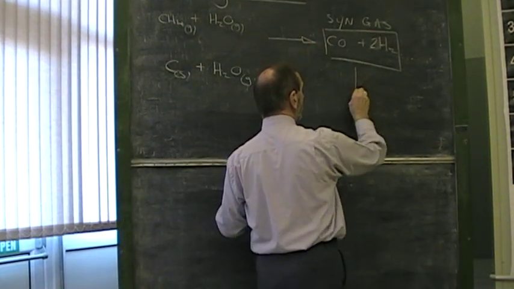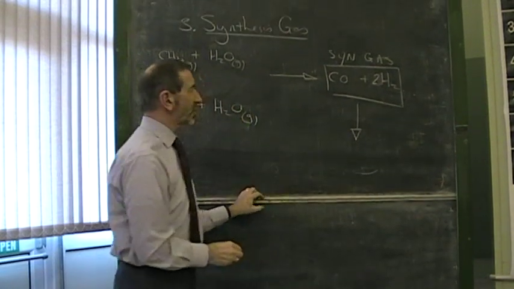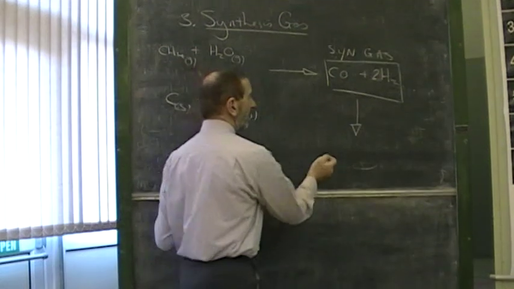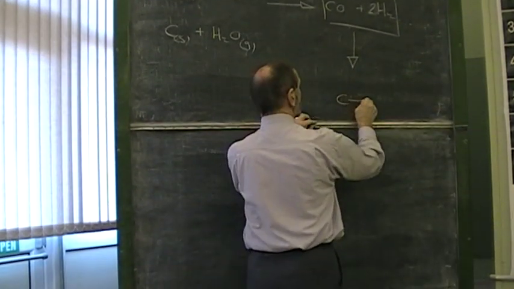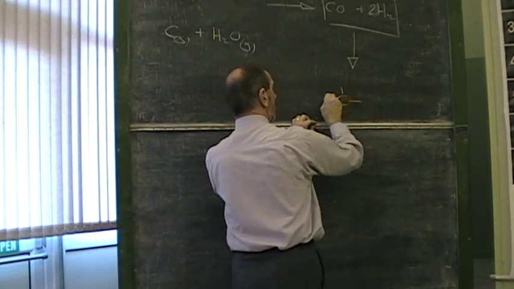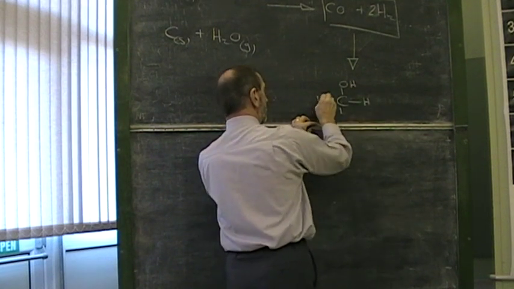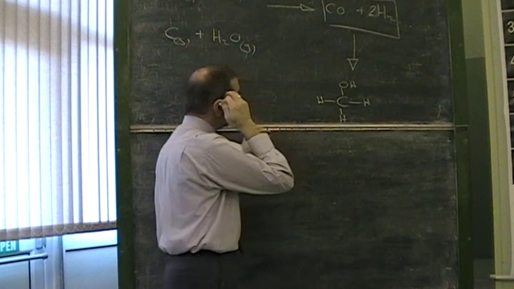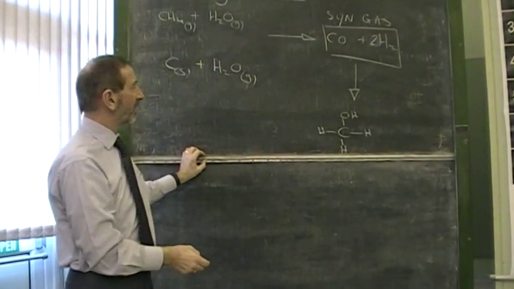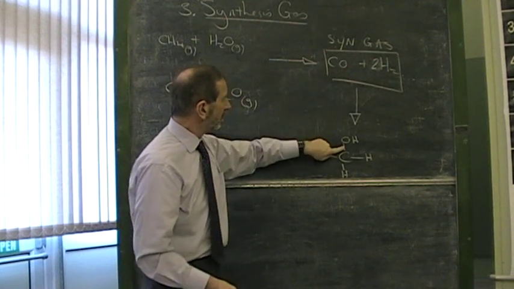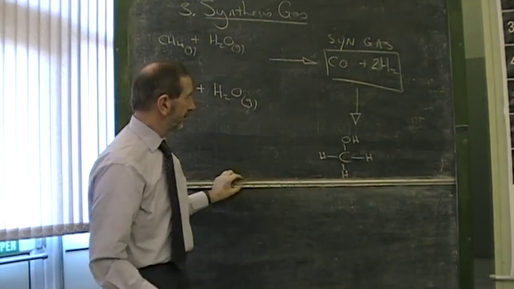Now it's possible to take this mixture of carbon monoxide and hydrogen and persuade it to produce this substance. There. What do we have there? We've got methanol. It adds up: 1 carbon, 1 oxygen, 4 hydrogens.